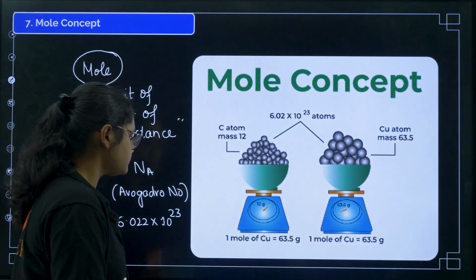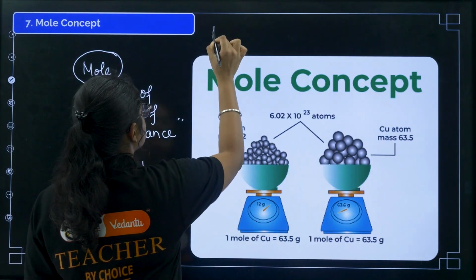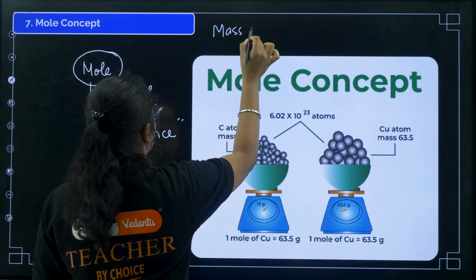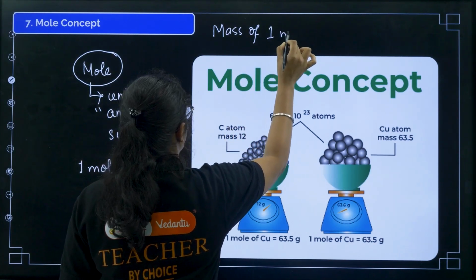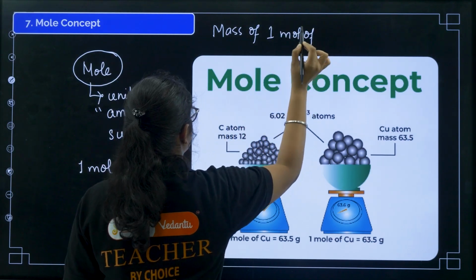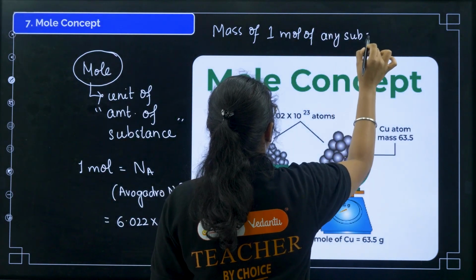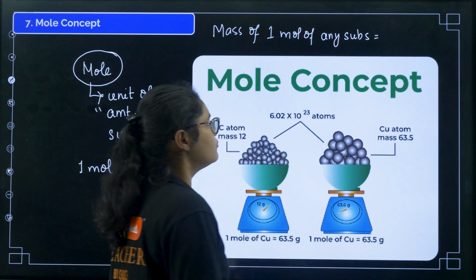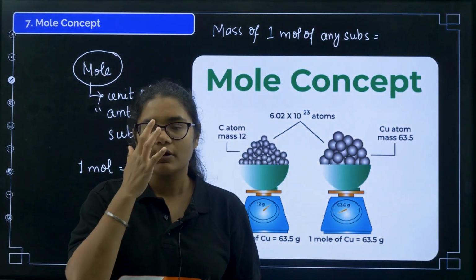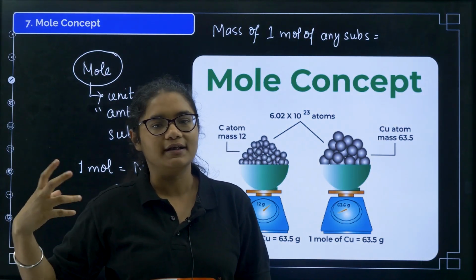What is the mass of 1 mole of any substance? Now we do not have a fixed mass of 1 dozen eggs, right?